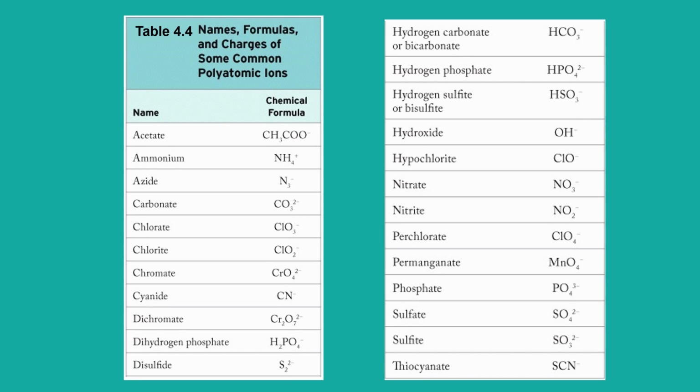The ion with the greater amount of oxygen atoms will be the ate version. The problem is that they're not consistent in how many oxygens there are. For example, sulfate has 4 oxygens, while chlorate has 3 oxygens.